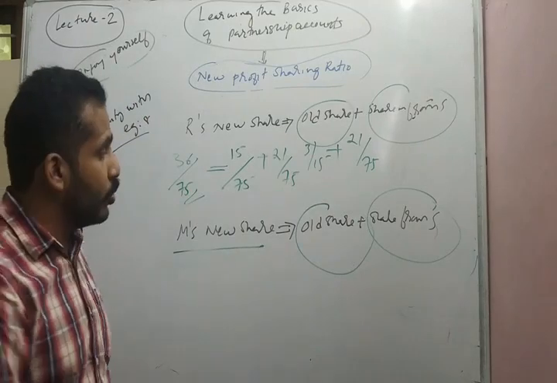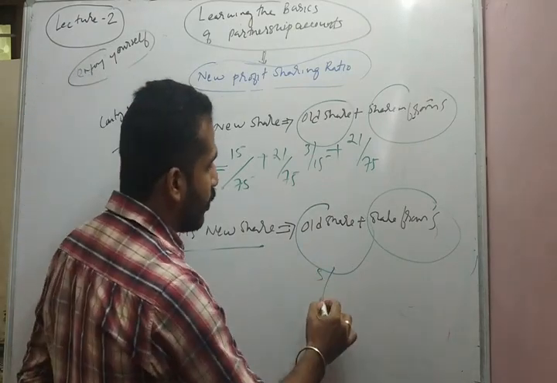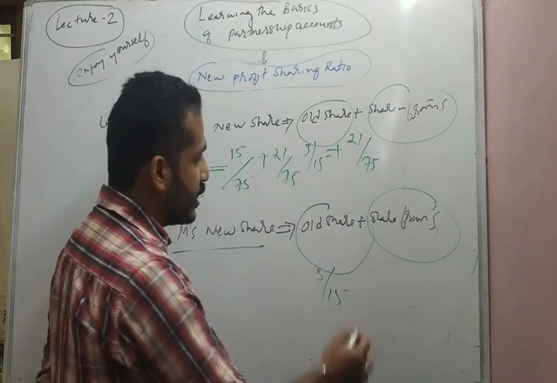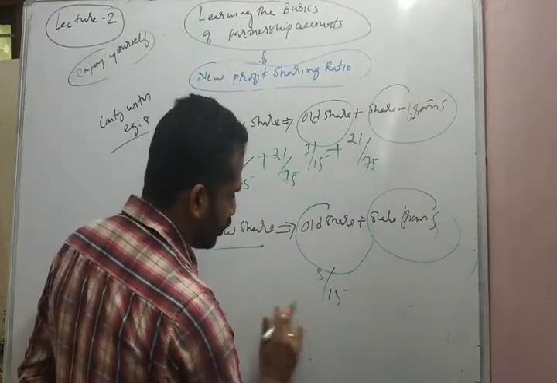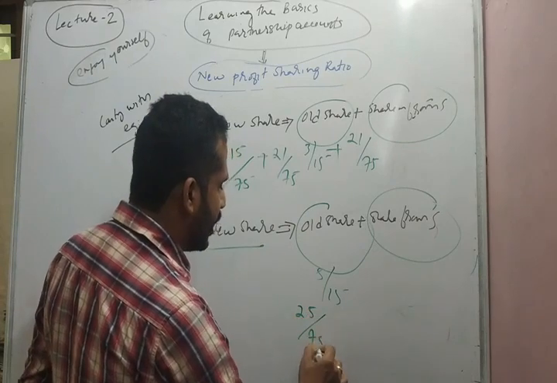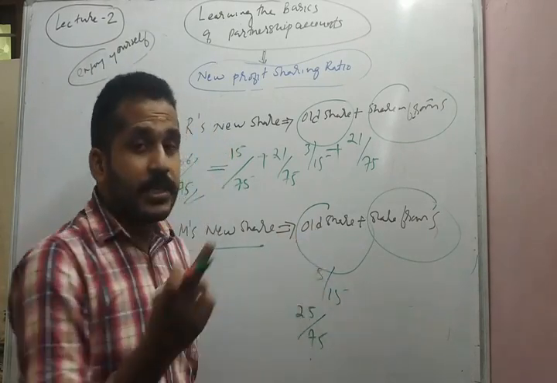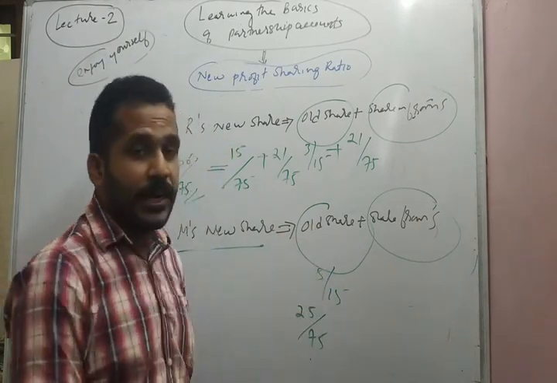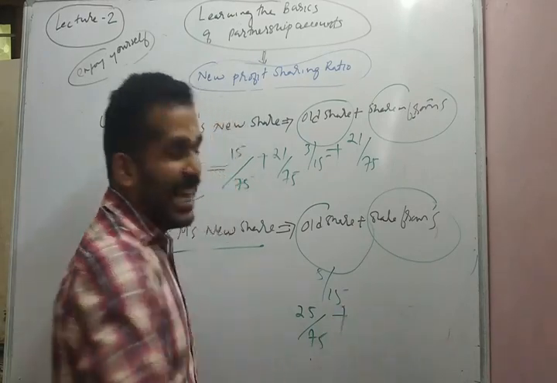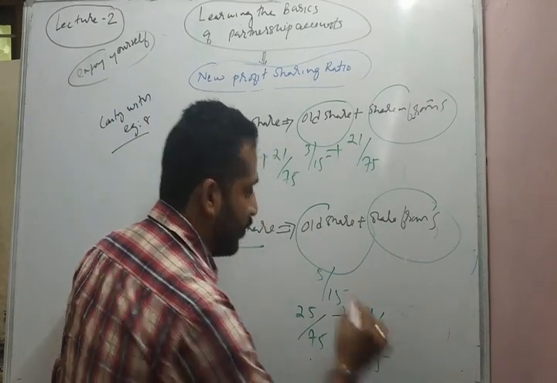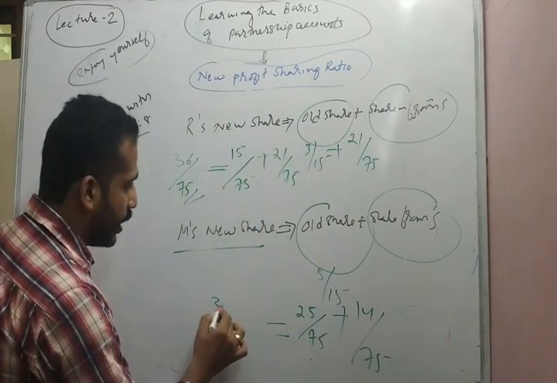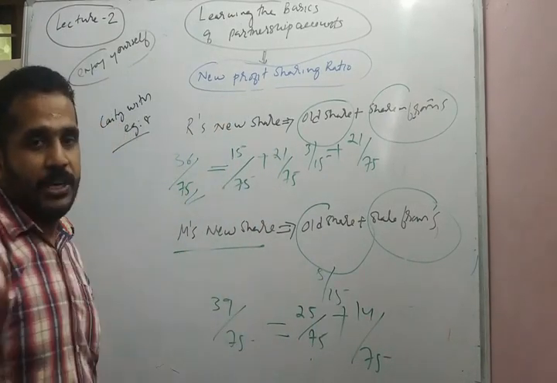Then going to M's new share, the old ratio 5/15, converting into 75, we get 25/75. So M's old share is 25/75 plus 14/75 received from S, which gives 39/75.